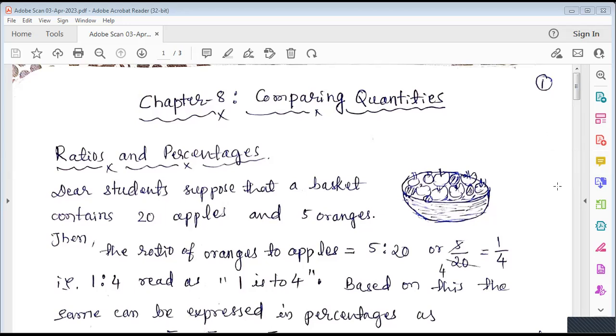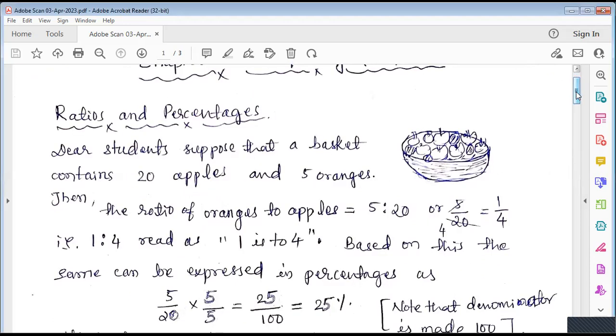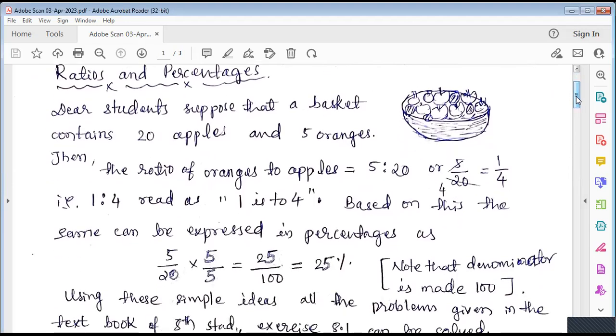So this chapter is comparing quantities. Here we deal with ratios and percentages. This kind of circumstance may come across any student or anybody. A basket contains some fruits. Suppose that there are 20 apples and 5 oranges.